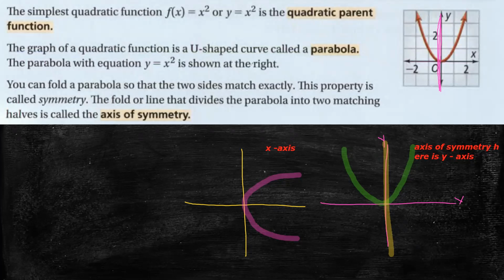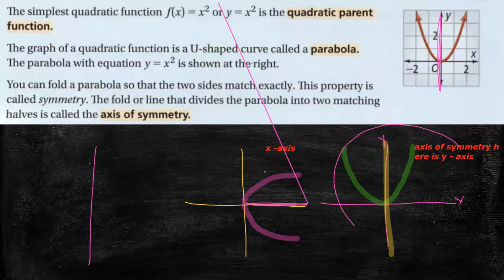Okay. So in the green parabola here, the axis of symmetry is the y-axis. But in the pink, the axis that cuts the shape into two equal halves is the x-axis. Now, sometimes, this we will talk about later in this chapter.